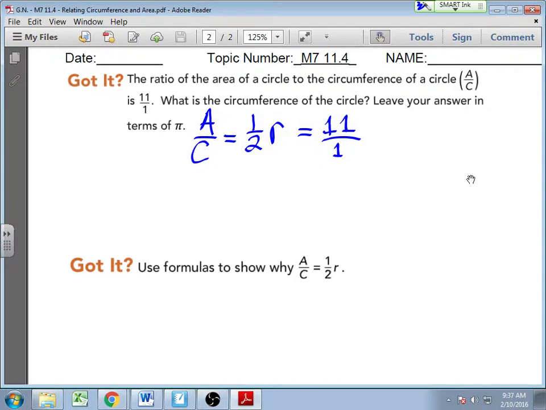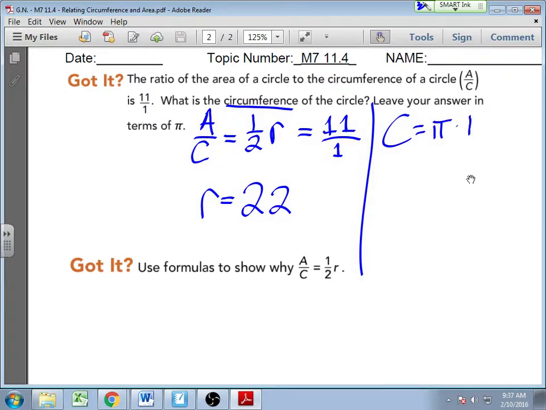So that really tells me that the radius is 22, right? Then I can use that to figure out my circumference, because circumference is always pi d, and we want to leave our answer in terms of pi. So it's not 22 pi, it's 44 pi.